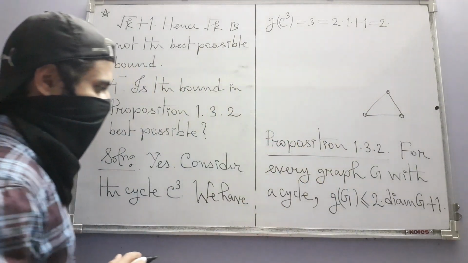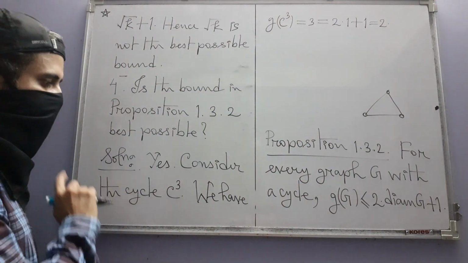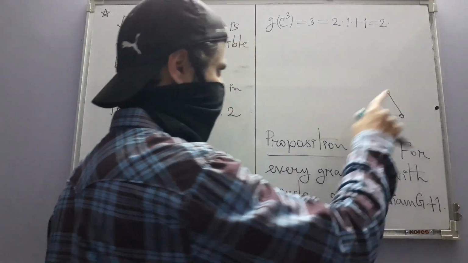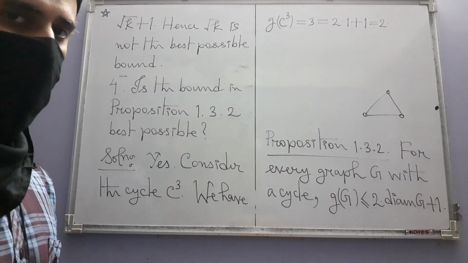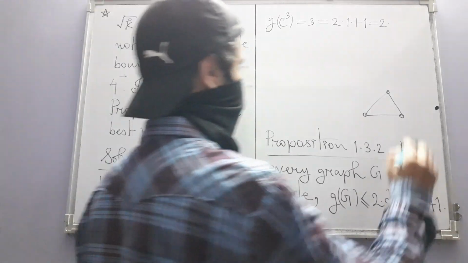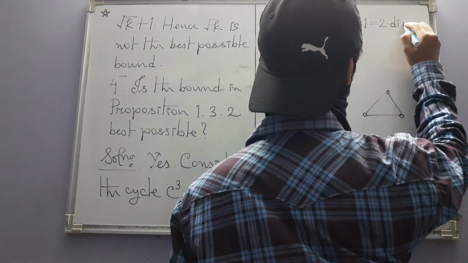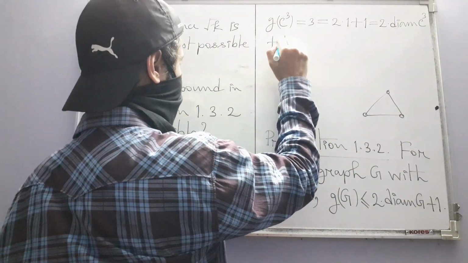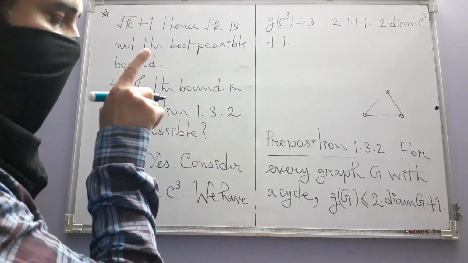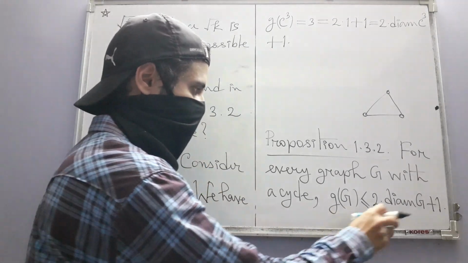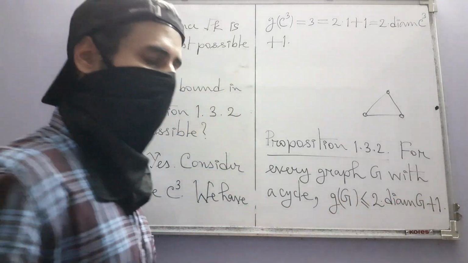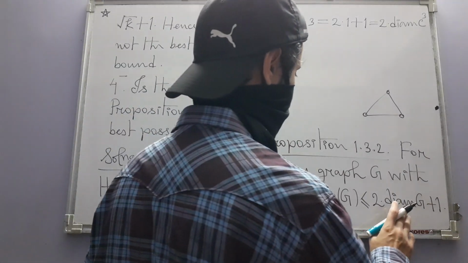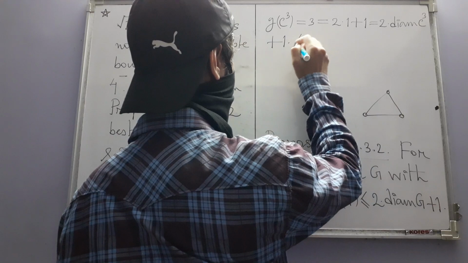But note that 1 is actually the diameter of C3. That's because that is the maximum distance between any two vertices of this graph. So this example shows that in general we cannot reduce it any further, right? So that is why this is the best possible bound.